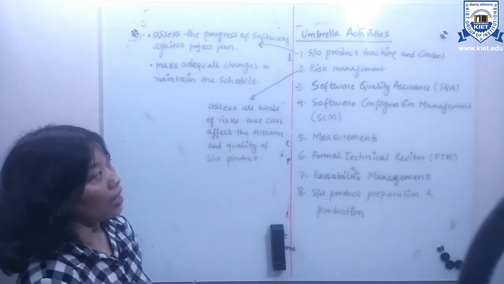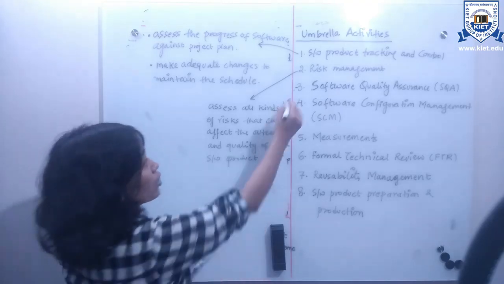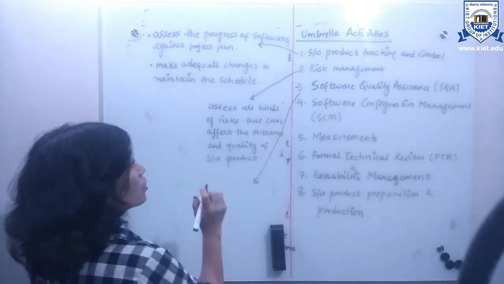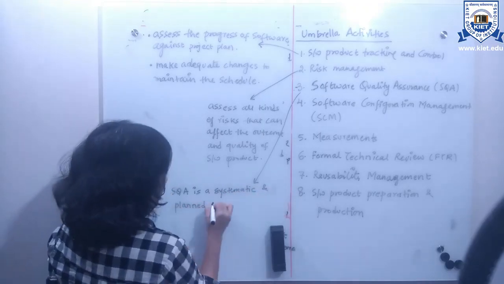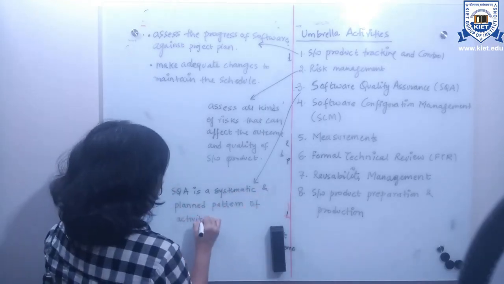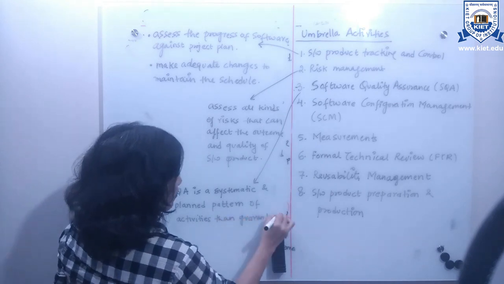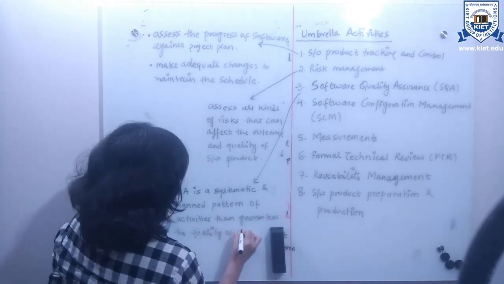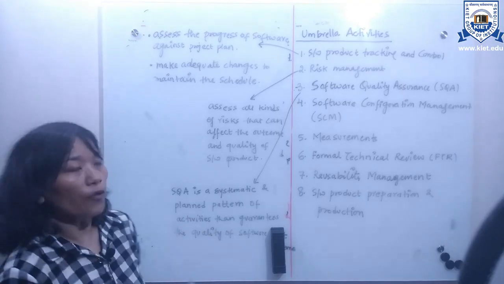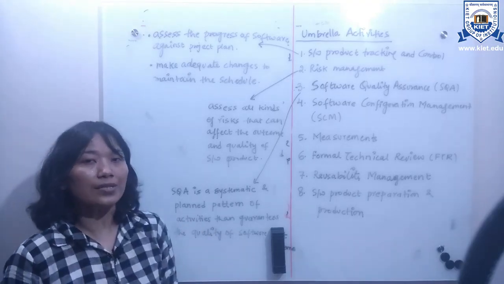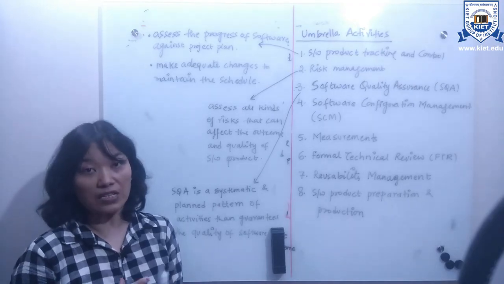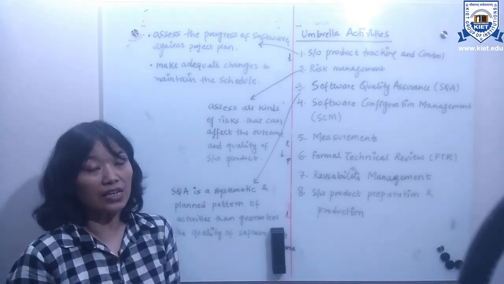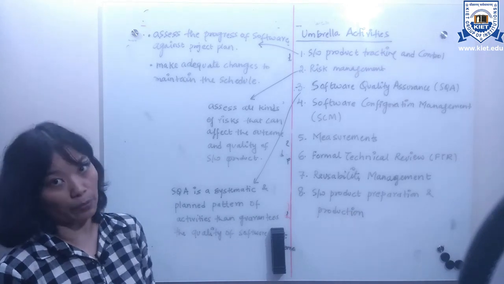The third activity is software quality assurance. Software quality assurance is a systematic and planned pattern of activities that ensures and guarantees the quality of the software product.